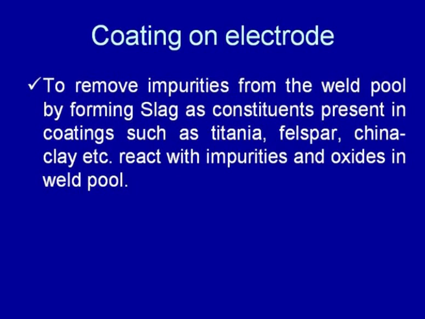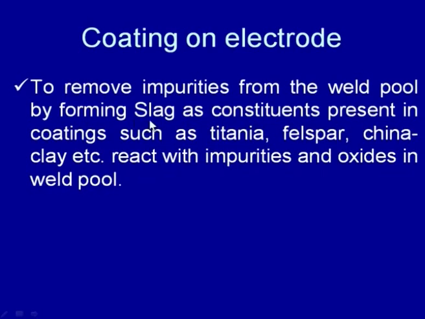And once these impurities are removed, the weld metal is cleaned, and this material is removed in the form of the slag, and the slag being lower in density, it starts floating over the surface of the weld pool, which in turn helps to cover the weld pool from the atmospheric contamination and atmospheric exposure, and at the same time it also reduces the rate of the heat loss from the weld metal to the atmosphere.